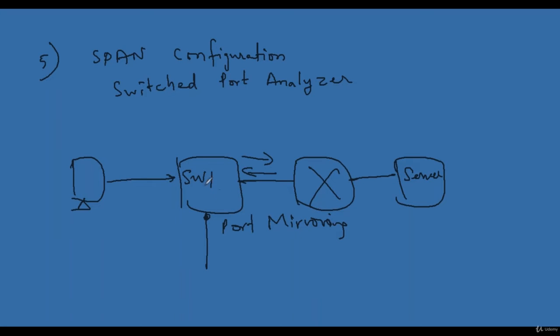What the switch does is just copy all the data and send it to your ASM appliance. ASM basically reviews all the information which is passing through, and it does not modify it.